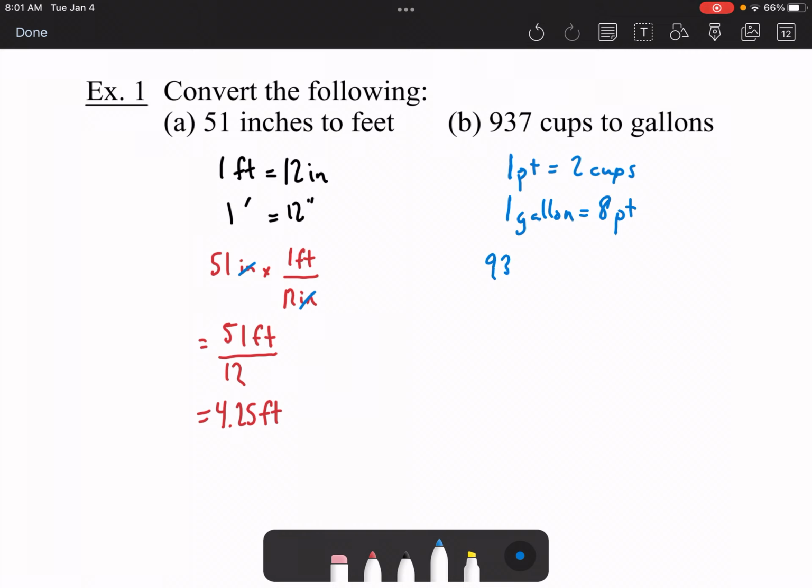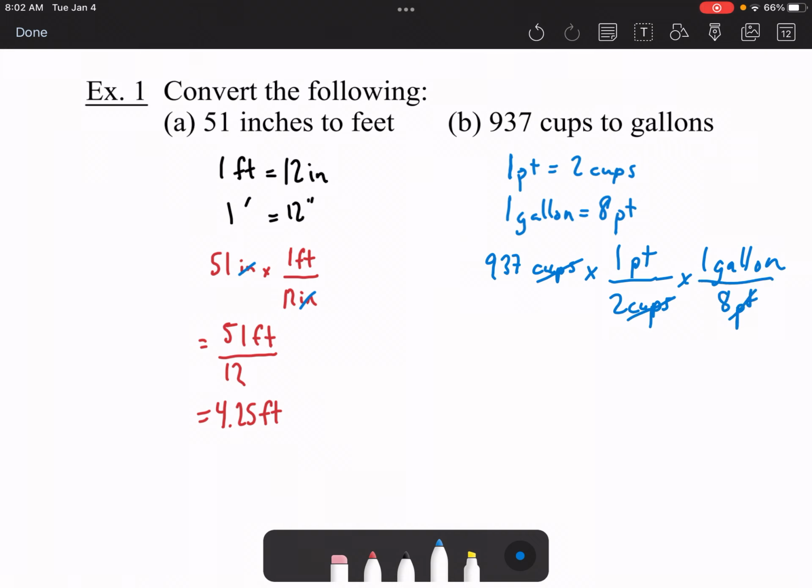So I take 937 cups and multiply by 1 pint divided by 2 cups. Here again you can see that the cups will cancel, but we also multiply by 1 gallon over 8 pints.